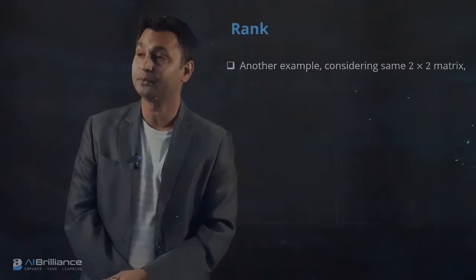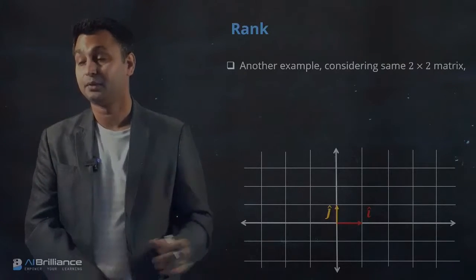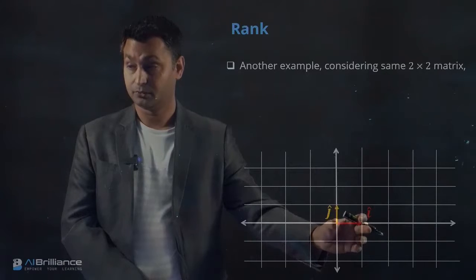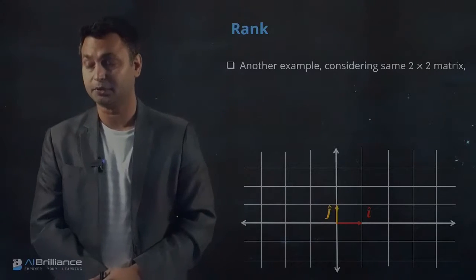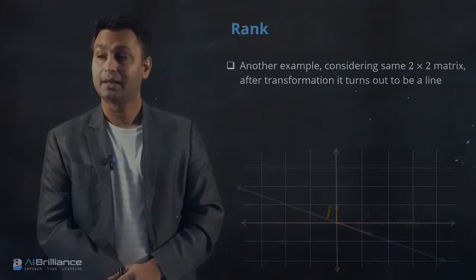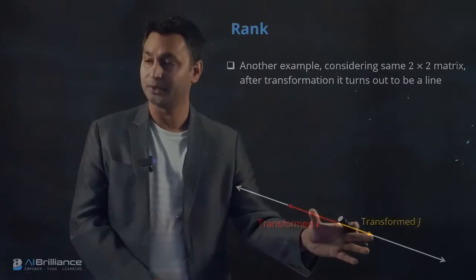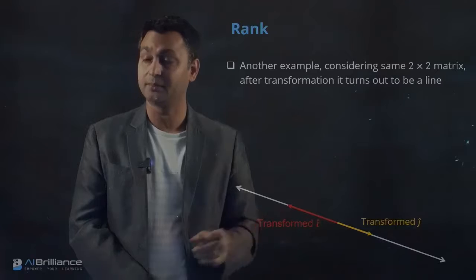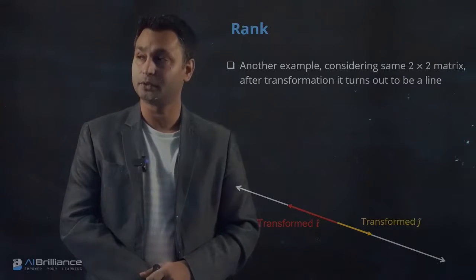Now take another example where we have these 2 unit vectors in the original dimension, and when we transform these unit vectors using the matrix, they either form a line in opposite directions or maybe along the same direction, and we only need one unit vector to represent that.